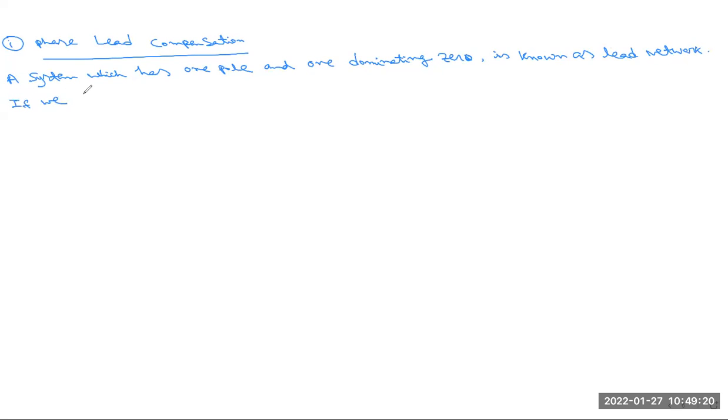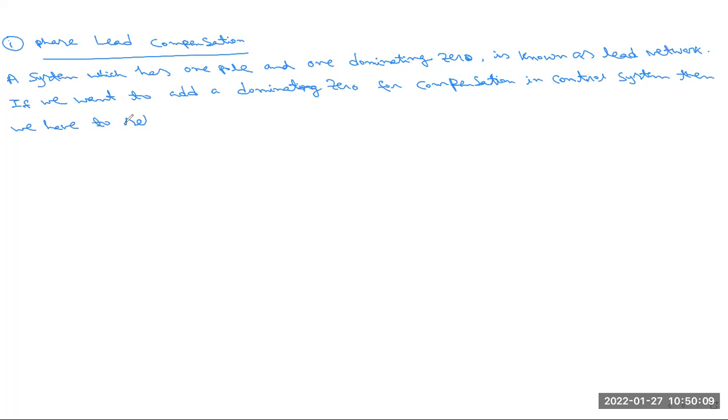if we want to add a dominating zero for compensation in a control system, then we have to select a lead compensation network.